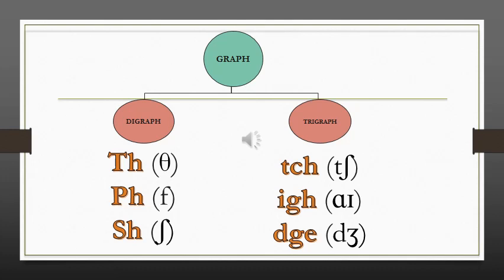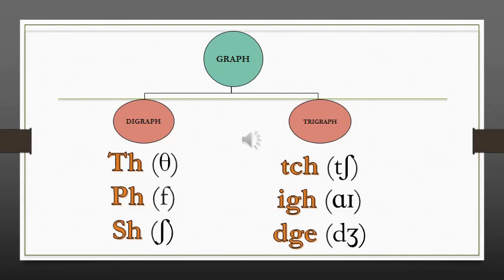The next one is P and H. It's not P or H, it's F as in phone. So these two letters P and H combine to produce the F sound. The same is the case with the third digraph, sh.